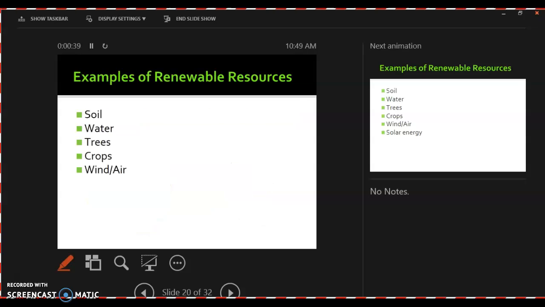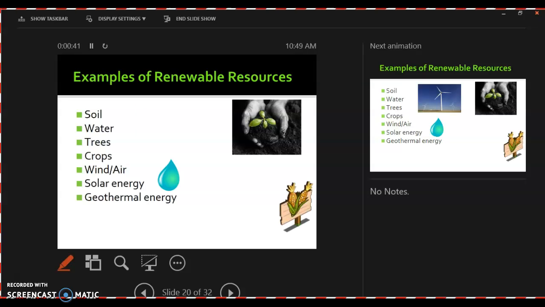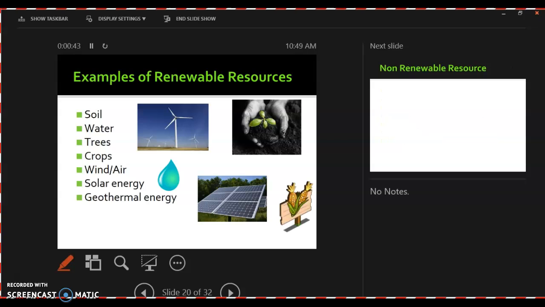Okay, so some examples. You need to write down these examples, okay? Examples of renewable resources are soil, water, trees, crops, wind and air, solar energy, and geothermal energy. Okay, so soil, we don't necessarily get new soil, but organic matter breaks down and it adds to our soil.